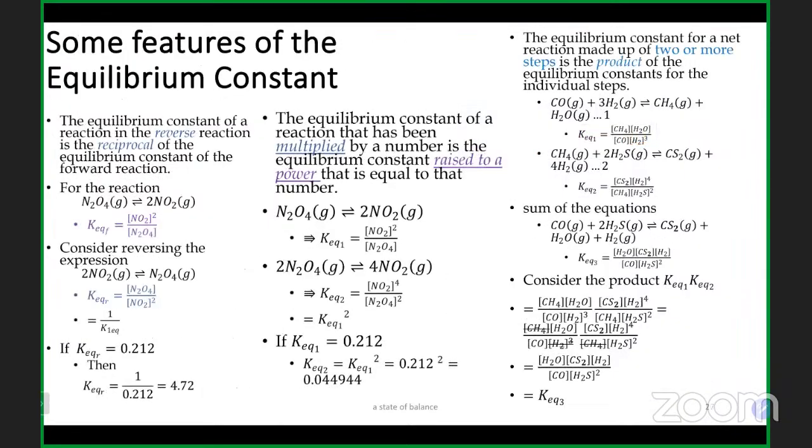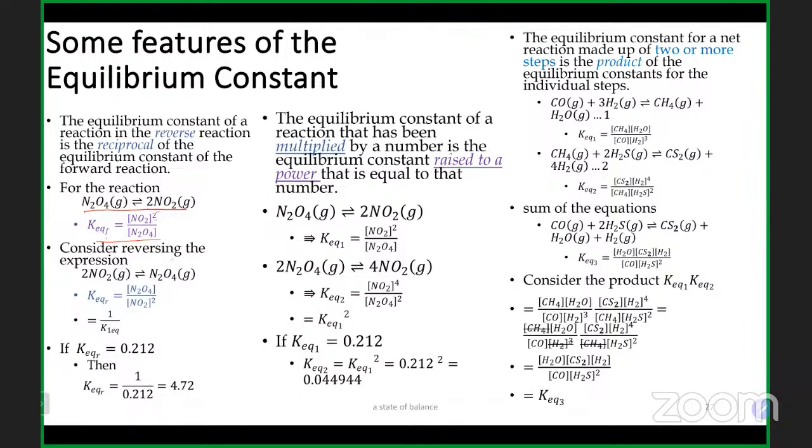Okay. Some other features. If you reverse a reaction, for example, N2O4, this is a reversible reaction, and we have written the equilibrium constant expression for this forward as NO2 squared over N2O4.